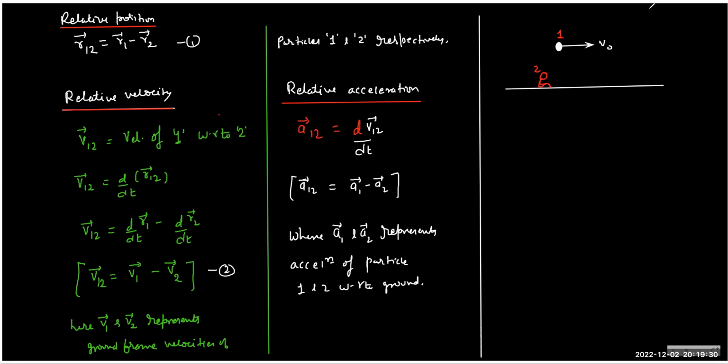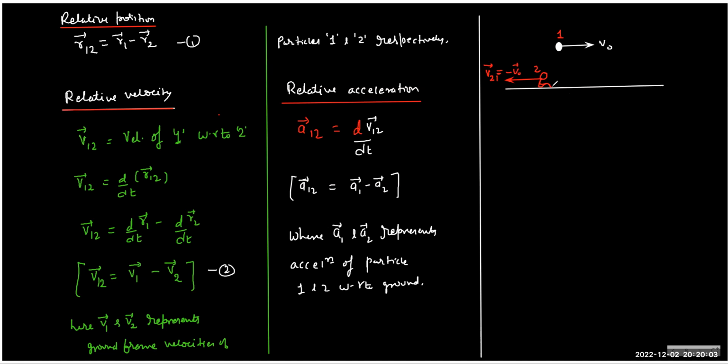So now look at this example. If I ask one, what is the velocity of two? What will he say? Minus v naught. Yes, sir. So he will say that it is having velocity v naught in the opposite direction, isn't it? This is the velocity of two with respect to one, and in vector form it is minus v naught, correct?